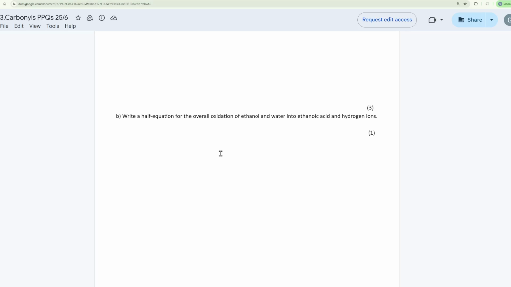Ethanol and water. CH2, COH. Why am I drawing a... Why have we got a double bond there? That doesn't make sense.